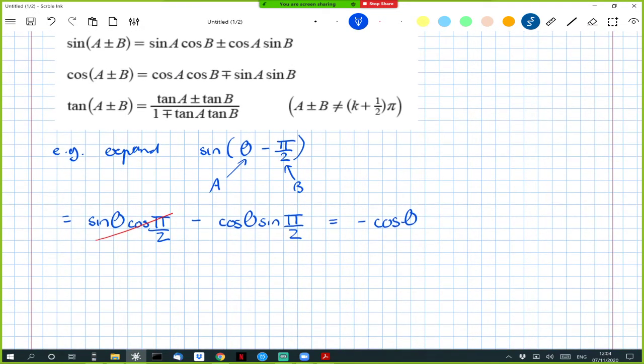So the graph of minus cos theta. The graph of positive cos theta roughly looks like that. So minus cos theta will be reflected in the x-axis like that. Let's now put on there the graph of sine theta as well. So sine theta, like that.